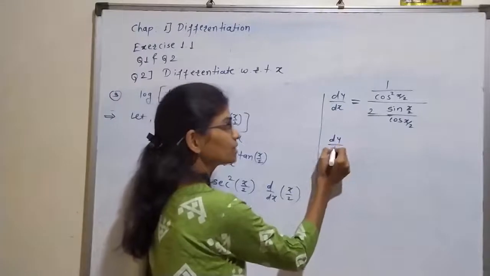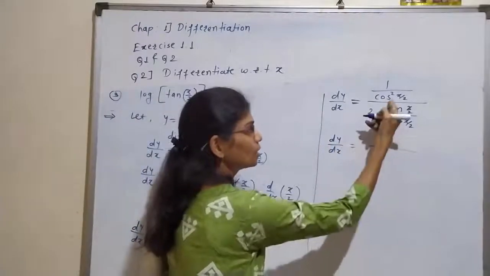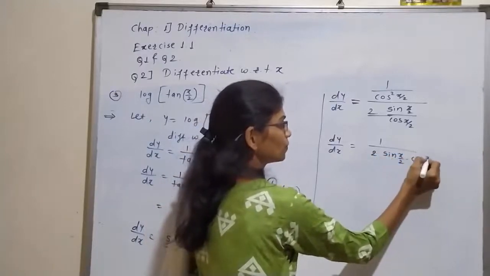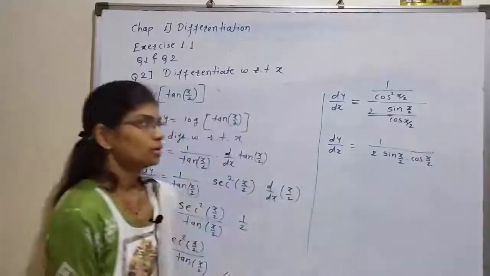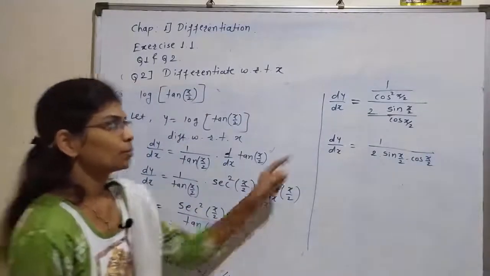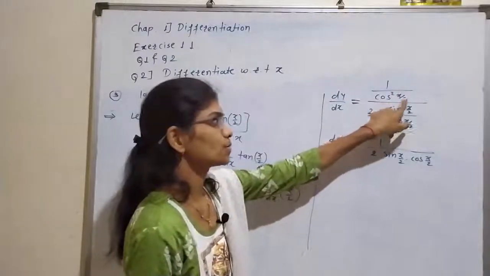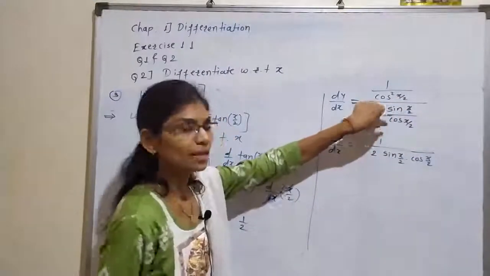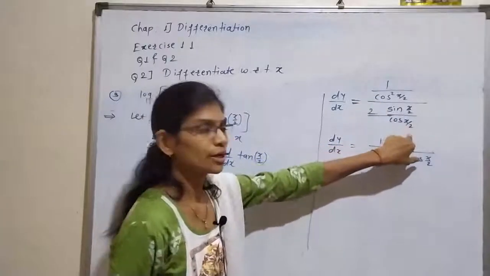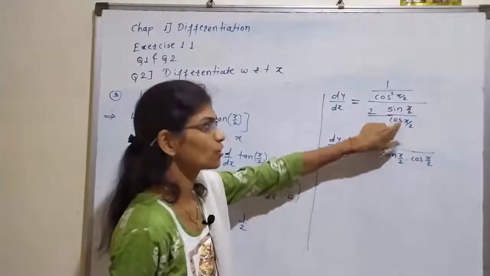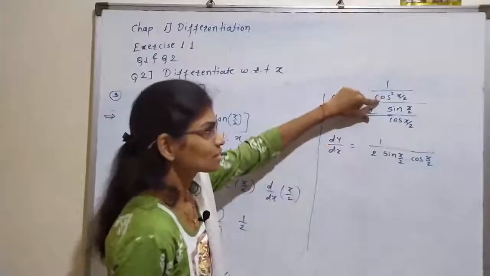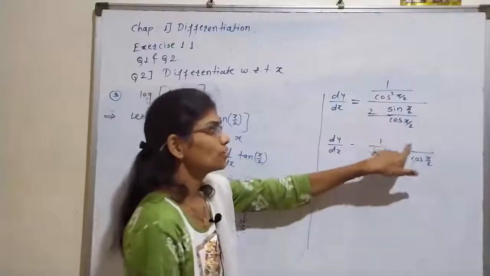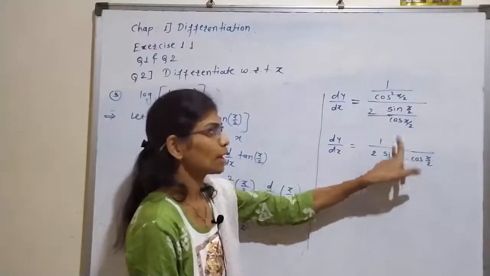Therefore dy by dx is equal to 1 divided by 2 into sin of x by 2 multiplied by cos of x by 2, because from the denominator cos square of x by 2, and the other fraction has cos of x by 2 in its denominator, one of the cos x by 2 gets cancelled.